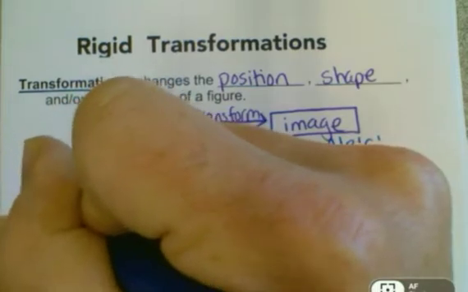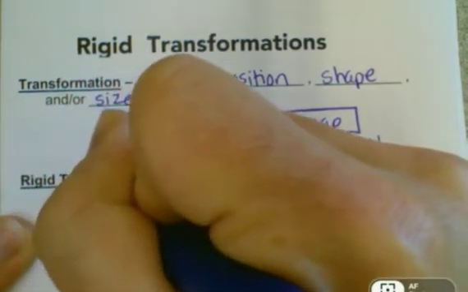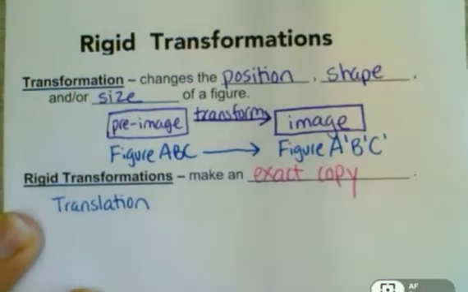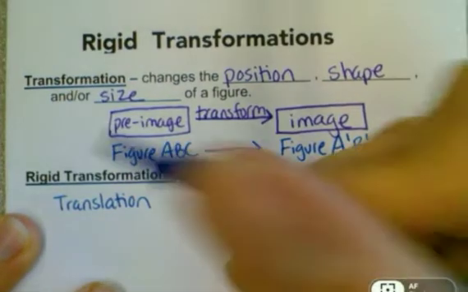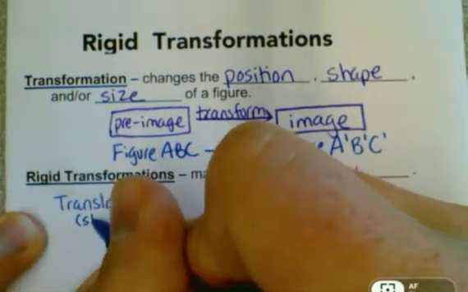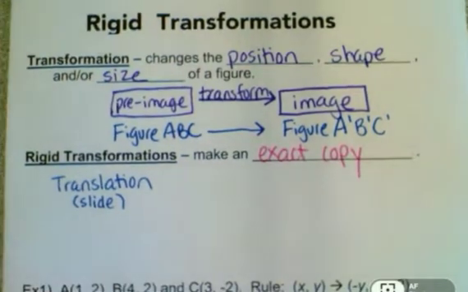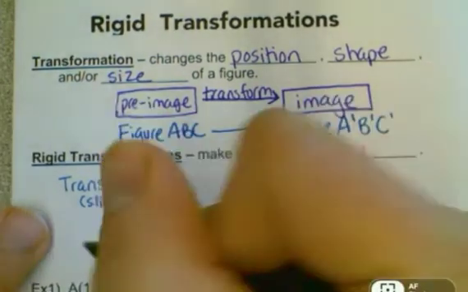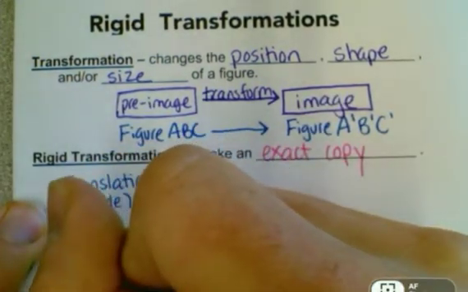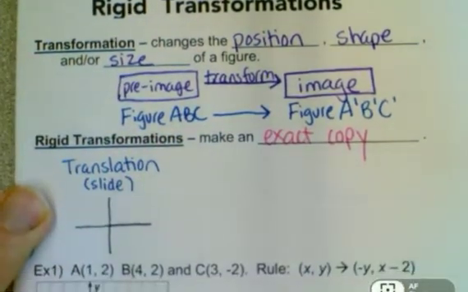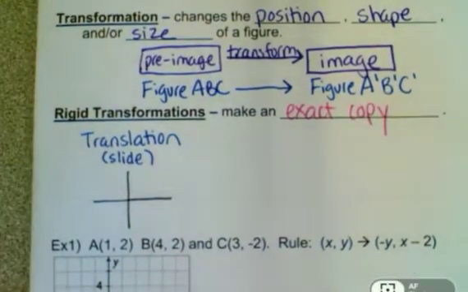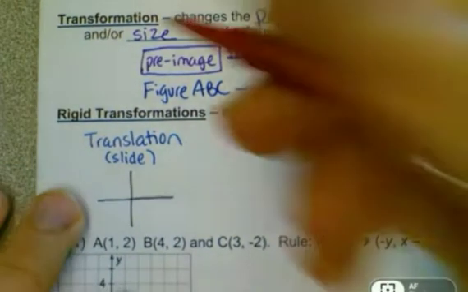So let's write that down here. You're going to need to write a little small. A translation, and a translation is just a slide. And we're going to draw just a quick version of what a translation might look like. So if we have a little X and Y axis, and I'm going to make a little house here.